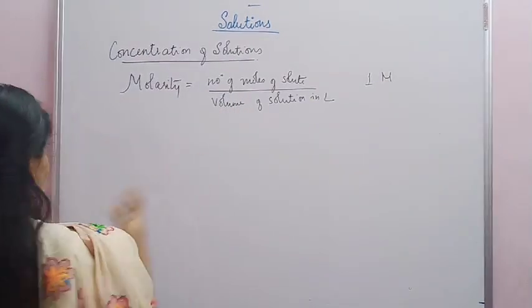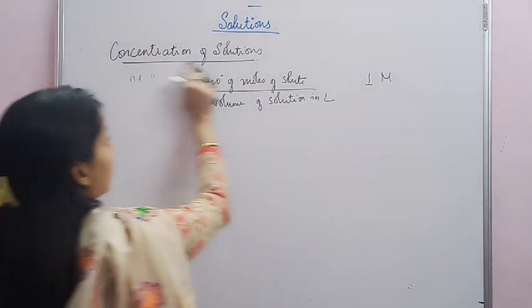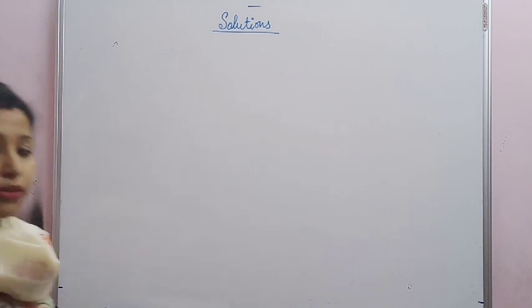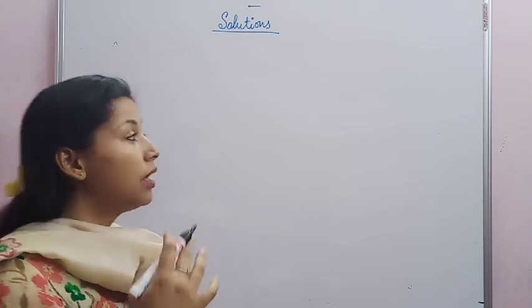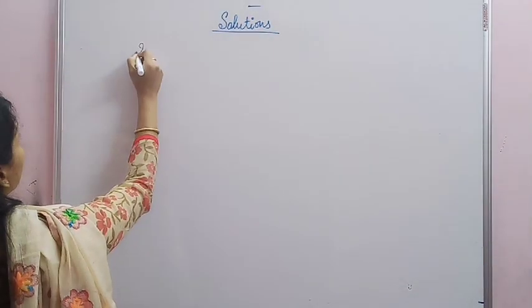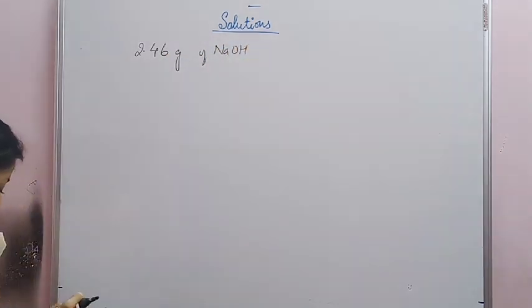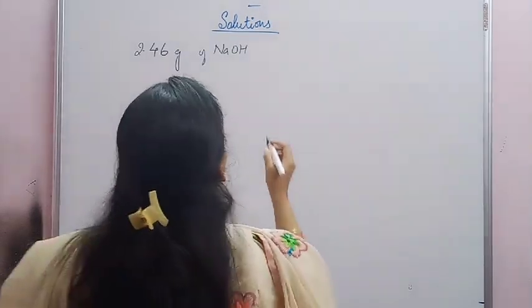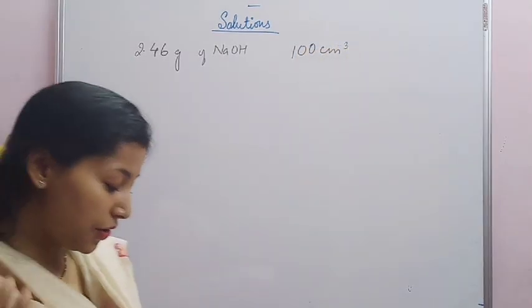Let's take an example of a numerical. Alright, I'll solve the numerical for you. I'll read out the question. 2.46 gram of NaOH are dissolved in water and the solution is made up to 100 centimeter cube in a volumetric flask.